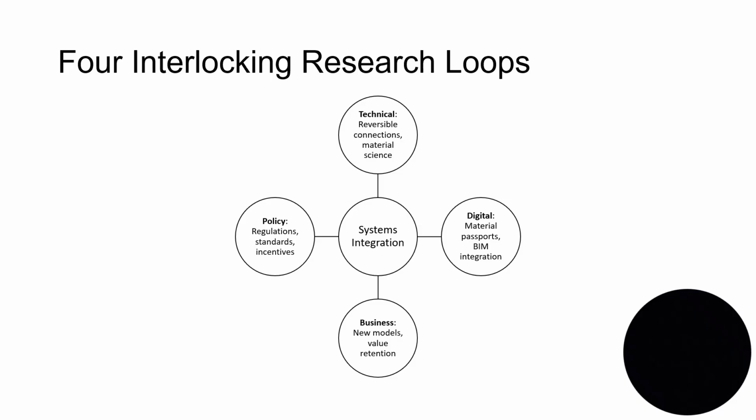The third one is the business loop, which is exploring new models like material leasing and performance contracts. And the final one is the policy loop, which is understanding how regulations must evolve to enable, not prevent, reuse.